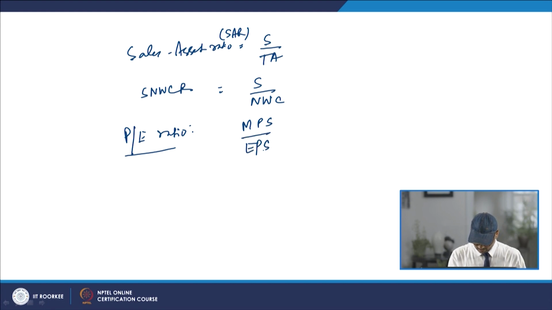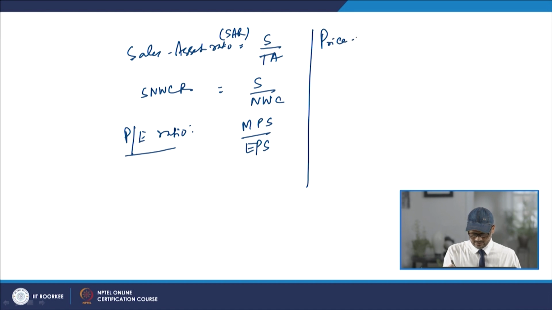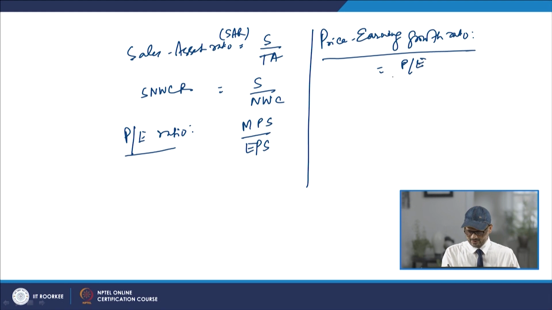The price by earning growth ratio is also computed, which is the price by earning divided by the expected growth rate for the year.